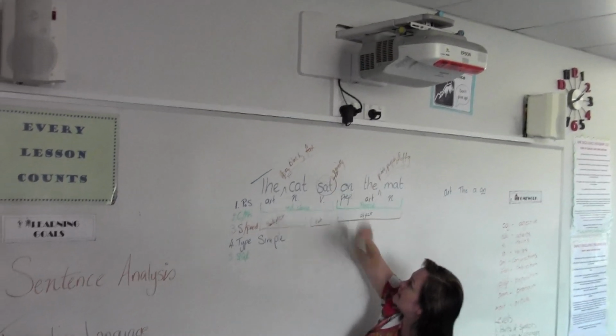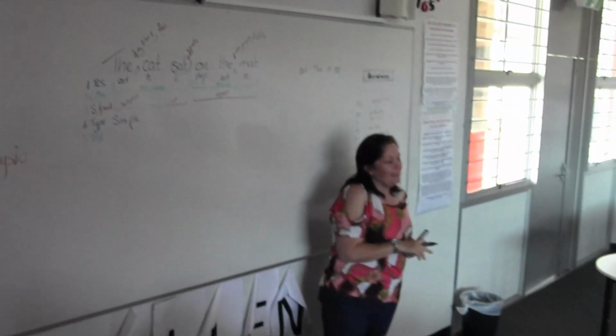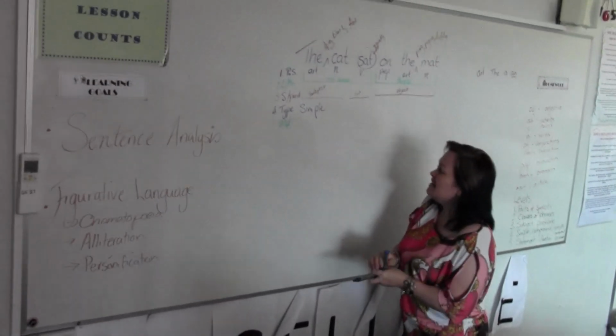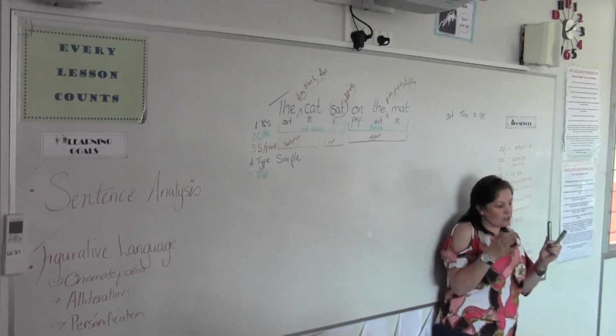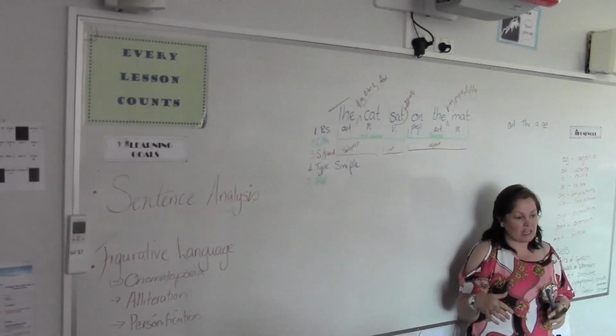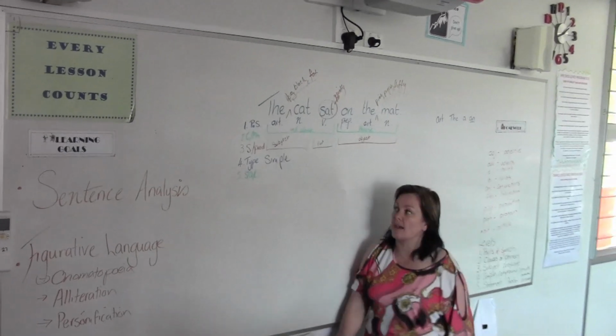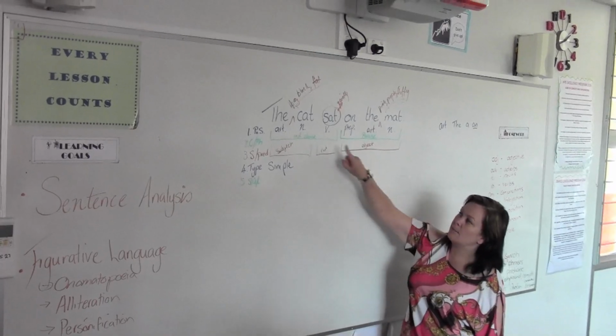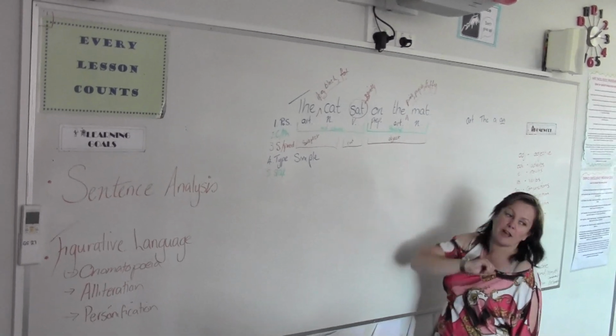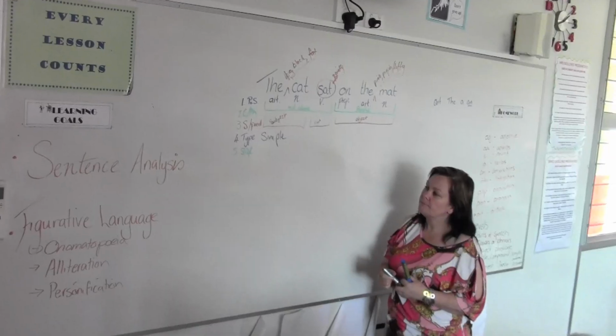They sat quietly. Alright. So it's a simple sentence. So the amount of words in a sentence does not necessarily suggest that it's a complex sentence because of that. So in this case it's a simple sentence because the cat sat. It's one independent clause with a phrase on the mat.